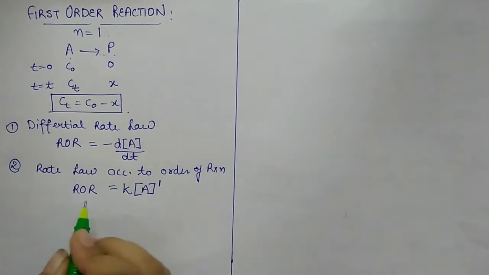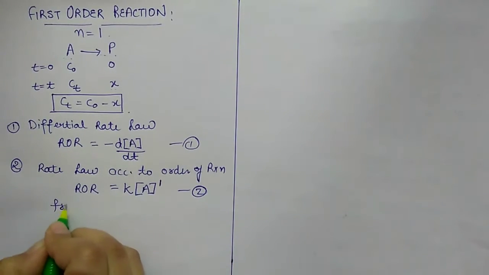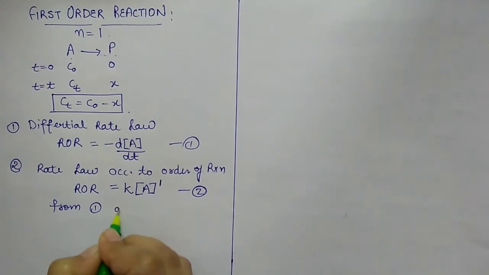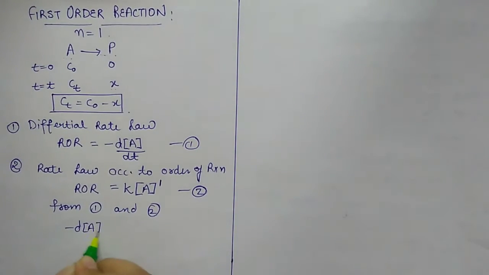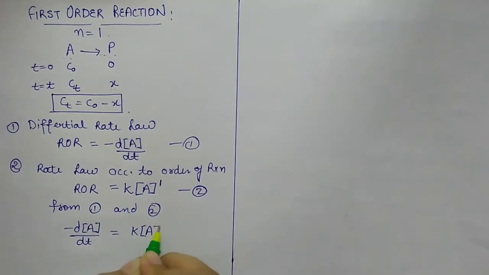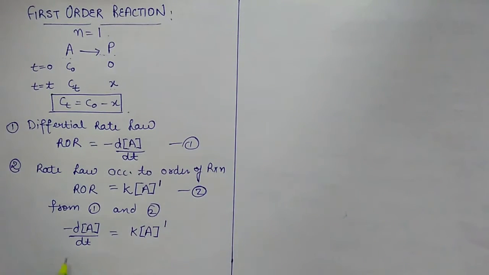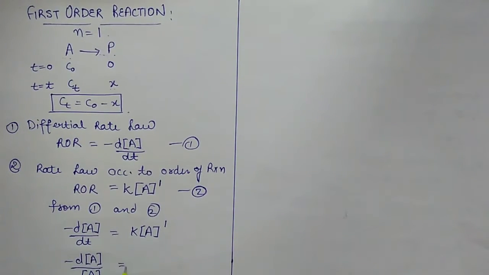Okay, so from 1 and 2, minus dA by dt will be equal to K times the concentration of A raised to power 1. So rearrange the expression: minus dA by A equals minus K dt.